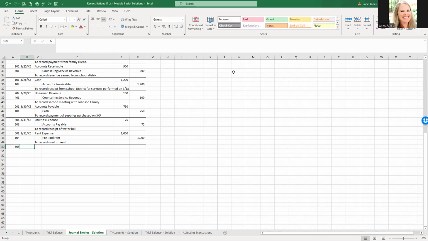We are talking about depreciation here, so depreciation is the expense that we're going to want to use, and 505 was that number. So we will start with that debit to depreciation expense. And then our credit is going to go to accumulated depreciation, which is the contra asset, meaning it's going to have a natural credit balance.